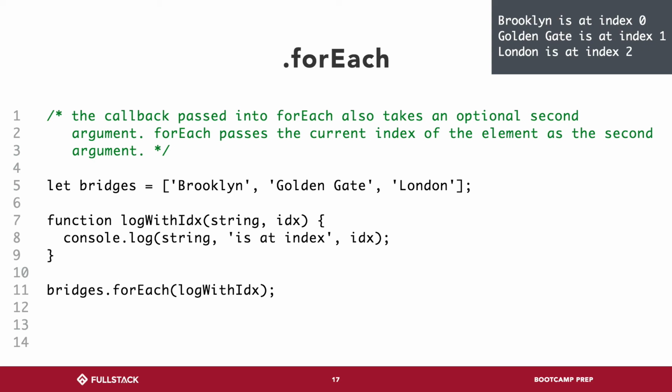Basically, this function will inject the element of the array as its first argument and the index as its second argument. You have to look at the documentation, and it will tell you that this is happening. There's no way for us to know. The language is just doing it.